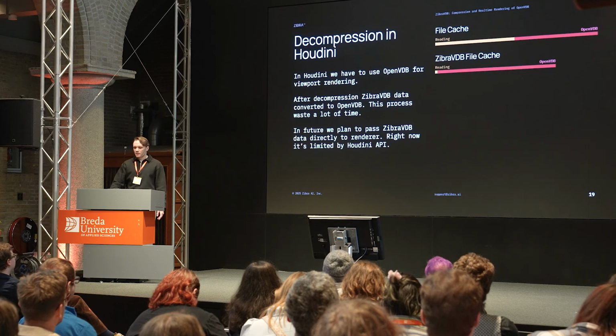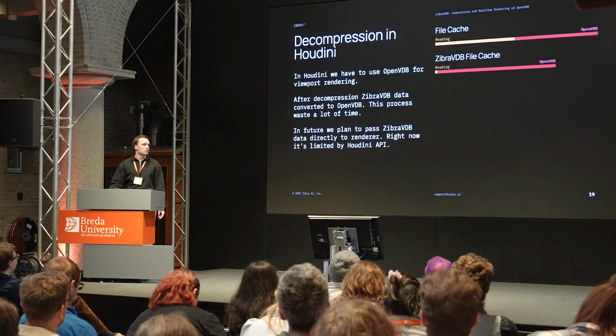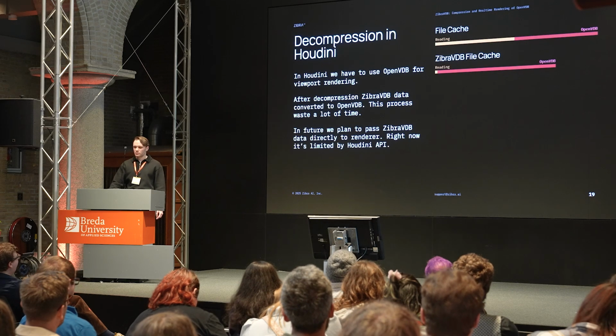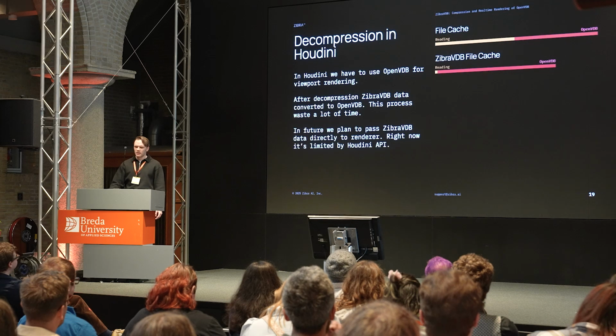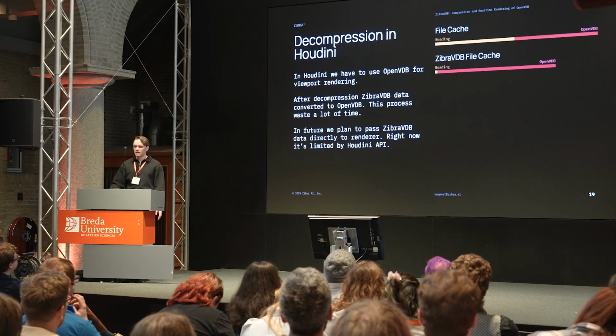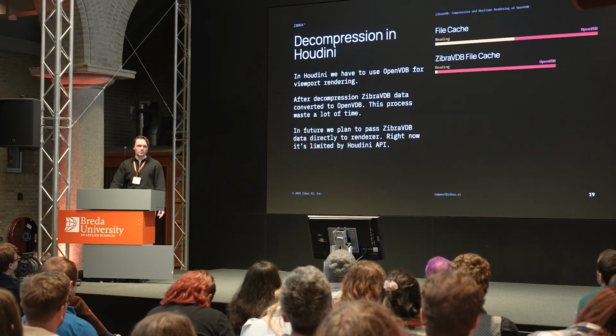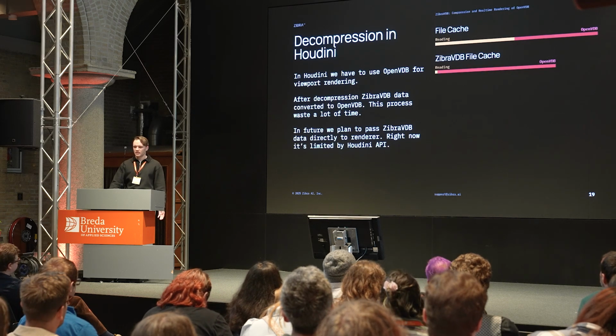This is why. In the regular file cache node, you spend most of the time reading the data from disk, and the other big chunk of time goes to OpenVDB library work. It allocates the memory, generates the data, does everything it needs, but it does it very slowly. In the case of the ZibraVDB file cache, you read from disk really fast because your data is compressed.